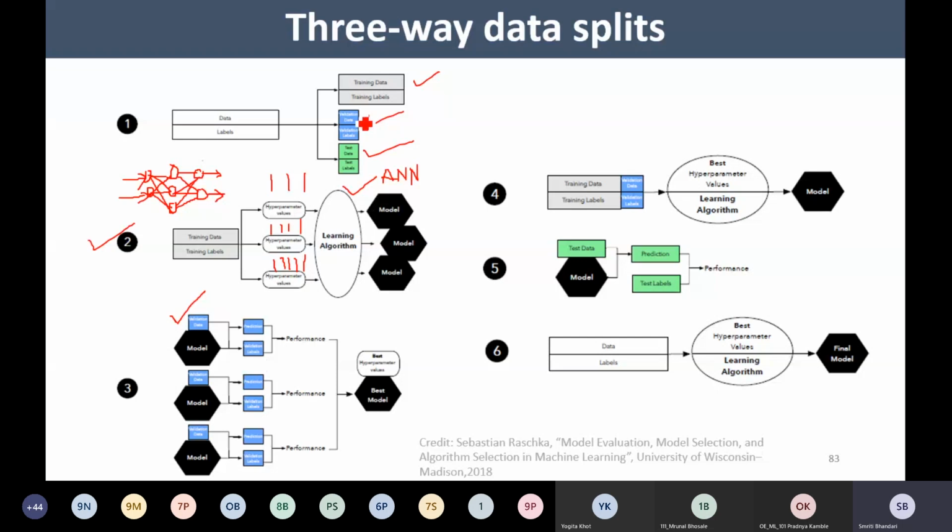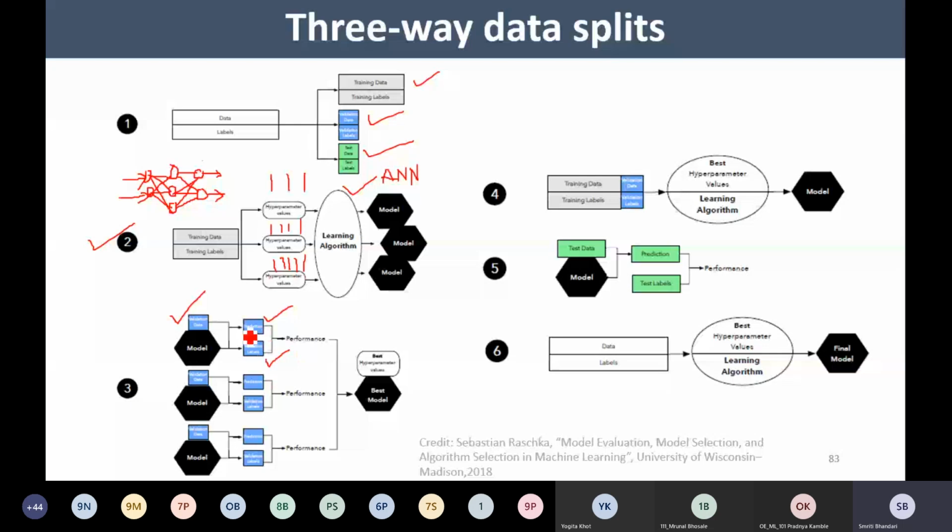So we have this validation data, and we make use of it with every model. Obviously this validation data is not seen earlier, right? So every model will predict the result for this validation data. For every sample in my validation data set, my model predicts the output, and I also know the actual labels for the validation data set.